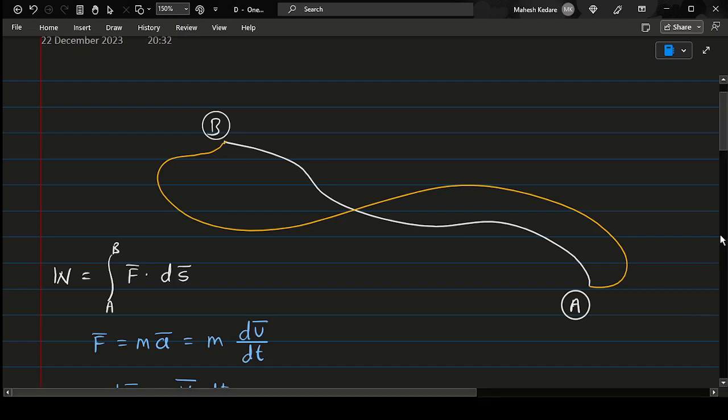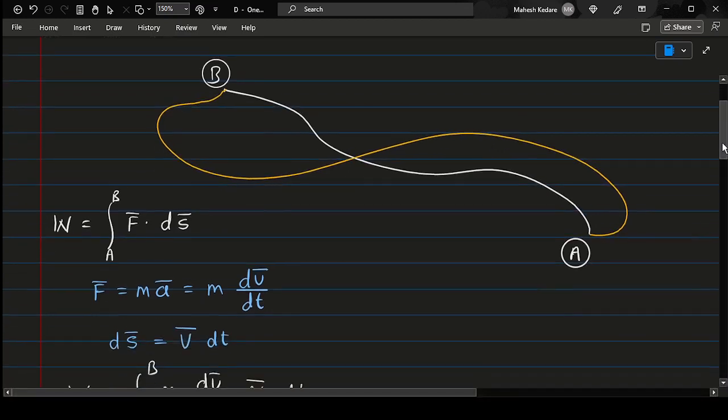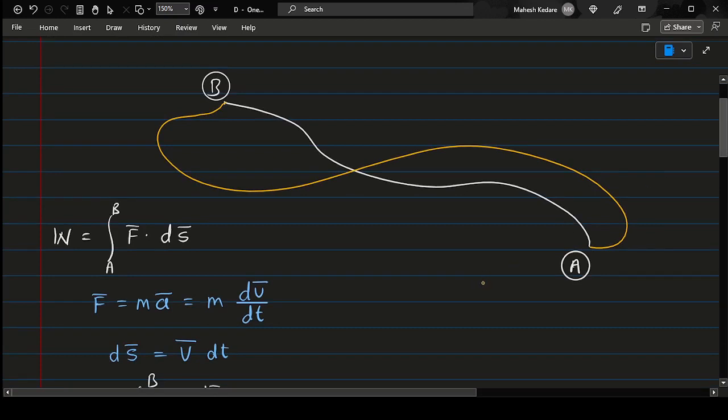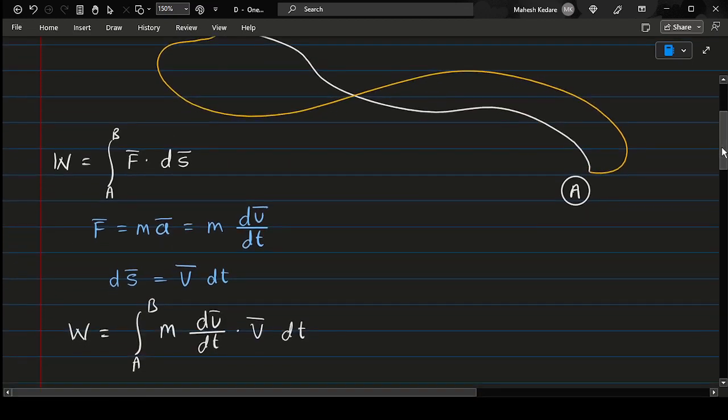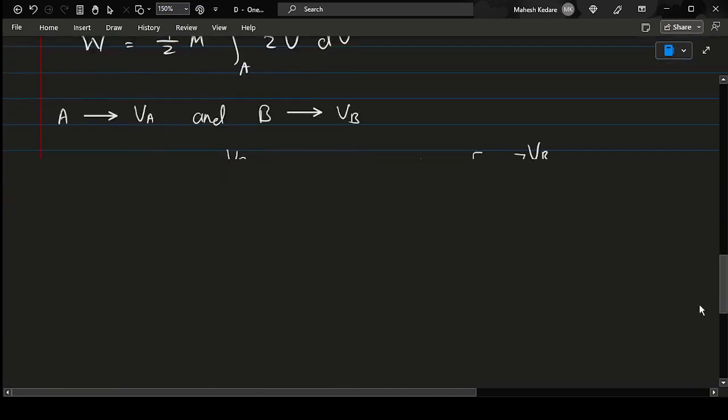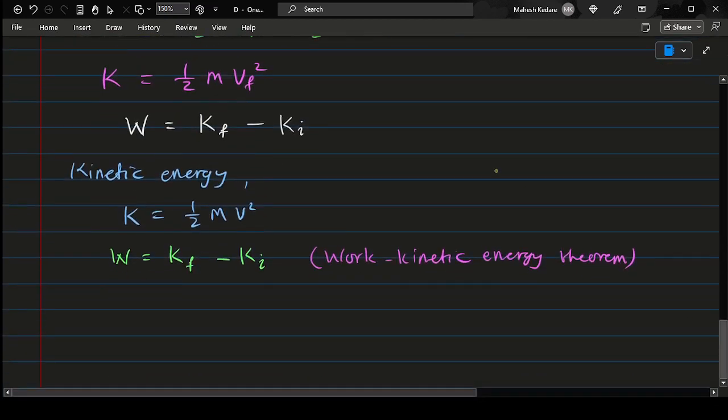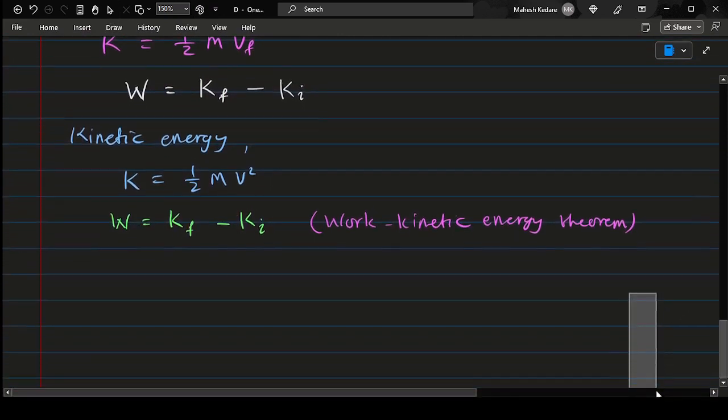Now, if the kinetic energy does not depend upon the path followed, this in other words means that the work done by force will not depend upon the path followed. Whichever path the particle travels from a given initial position to the final position, if the work done by the force is always the same, then the change in kinetic energy will also always be the same according to the work kinetic energy theorem.